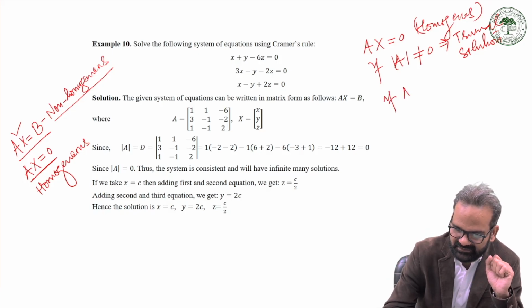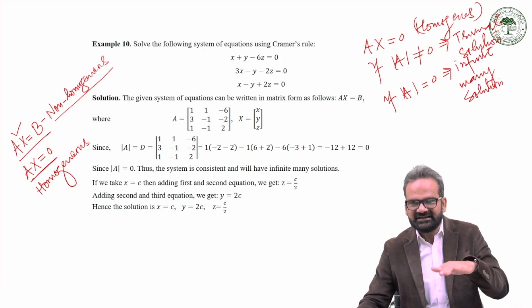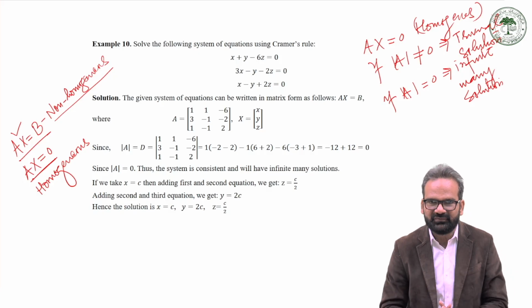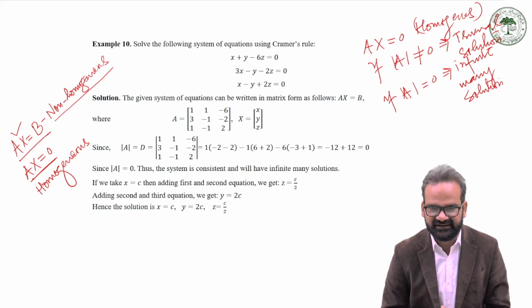Condition 2 is, if determinant of A is identically 0, this implies the system has infinitely many solutions, right? So these are two conditions which we can use to find the solution of a system of homogeneous simultaneous linear equations.